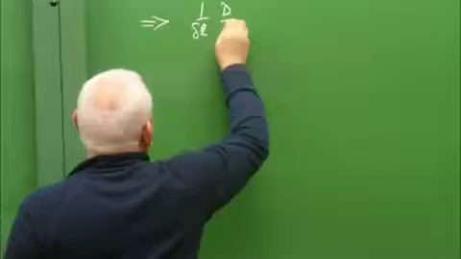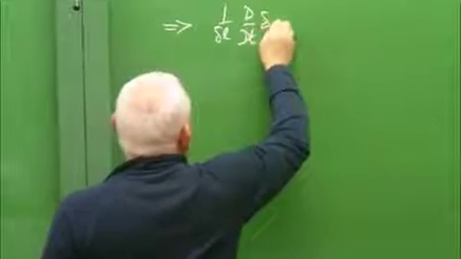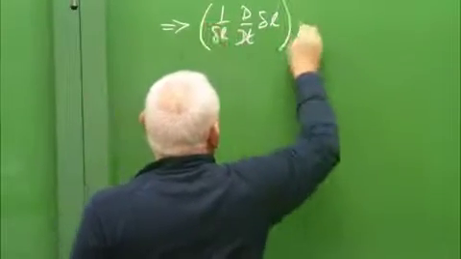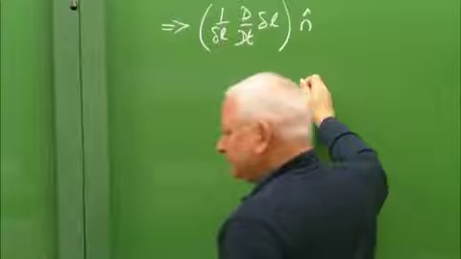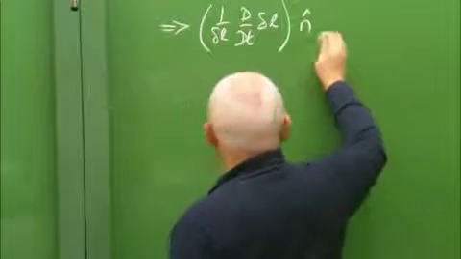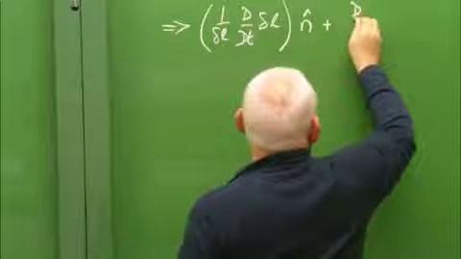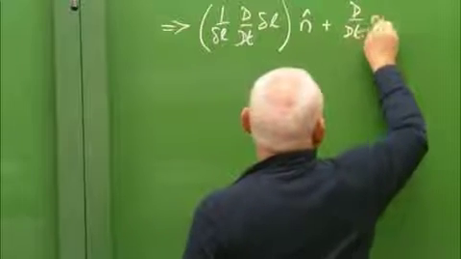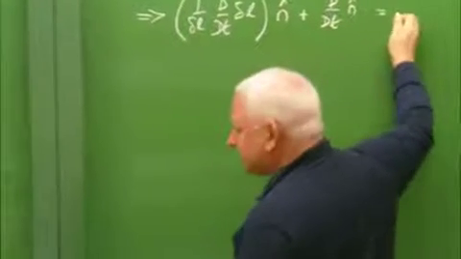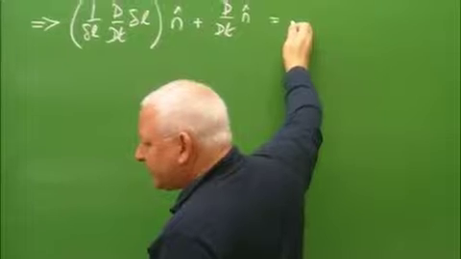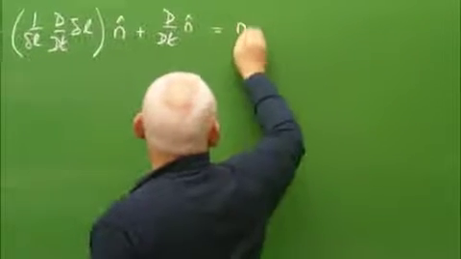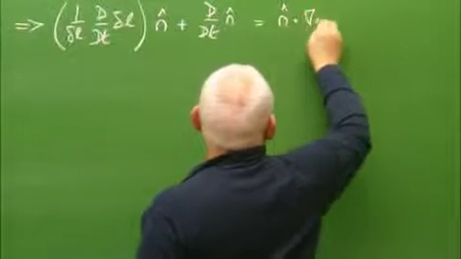So dividing by delta L, what we get is that 1 over delta L d/dt of delta L multiplied by n hat, plus, and that delta L cancels, d/dt of n hat, is equal to the other side divided by delta L, which is n hat dotted with lambda b.